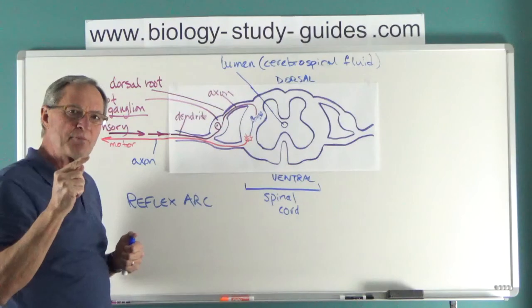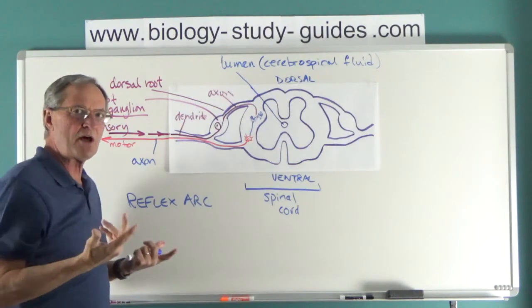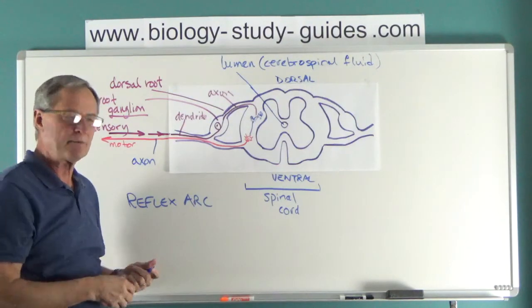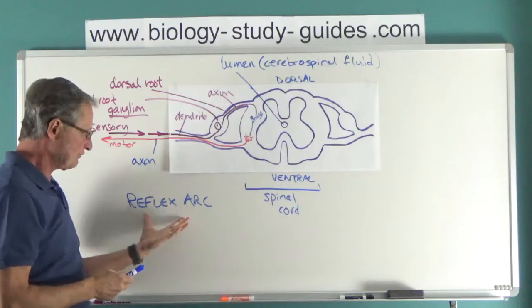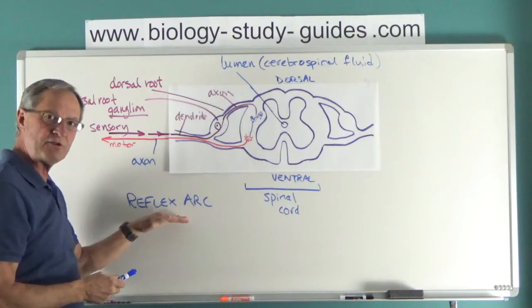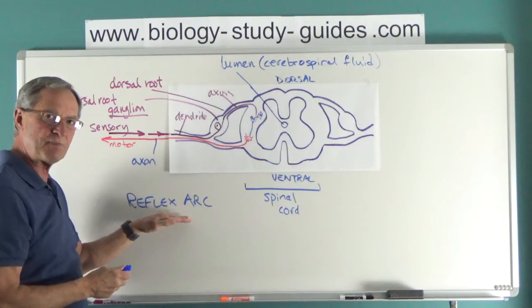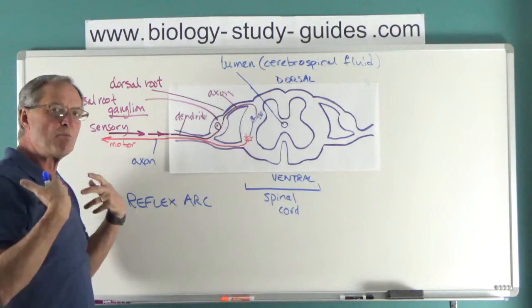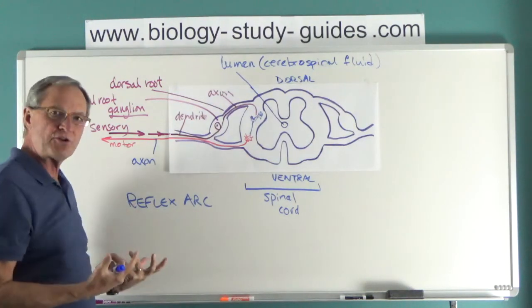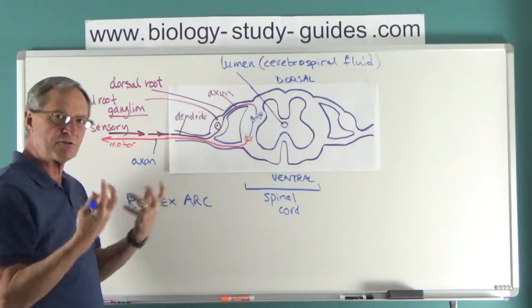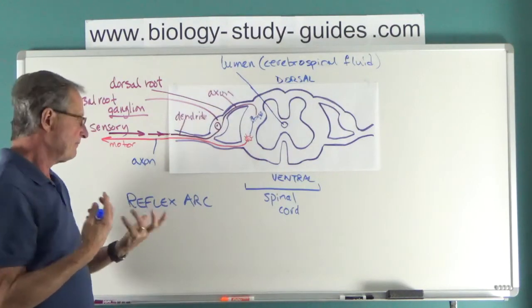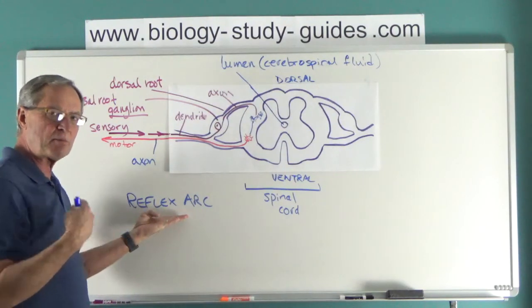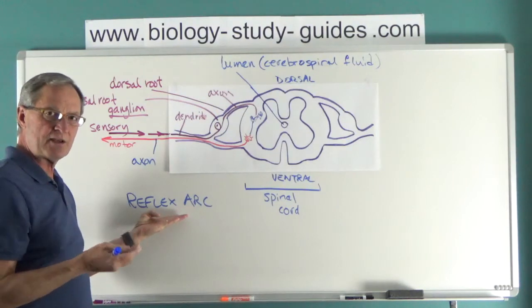So there's still a thought process, but by the time you thought about it, you've already reacted. Reflexive actions, reflex arcs, are a safety feature. That's a defense mechanism. It allows us to respond more quickly. We don't have to think about it. We don't have to process the information, and it's an adaptation, probably originally helps us save our lives.